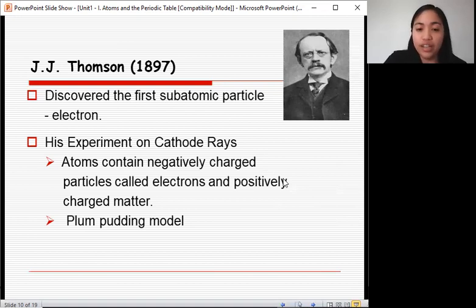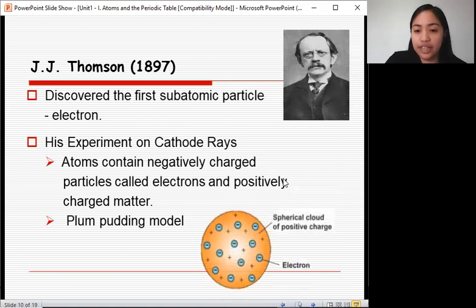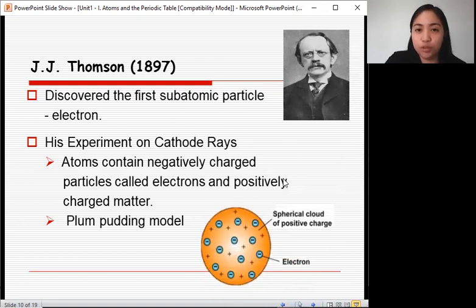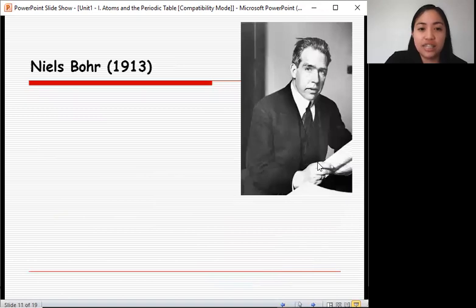So, iyahang model is like a chocolate chip cookie where the negatively charged, which is the electron, is dispersed or nagbulag-bulag sulod sa spherical nga positively charged. Okay, so mura siyang chocolate chip cookie, maong gitawag siya og plum pudding model.